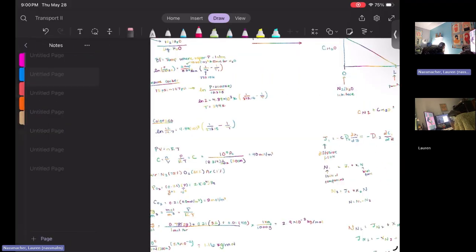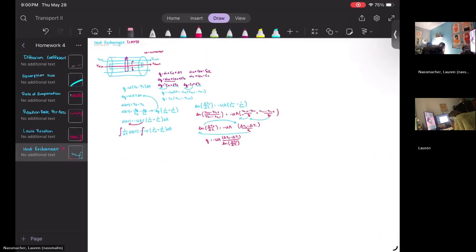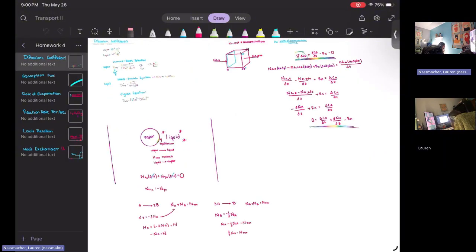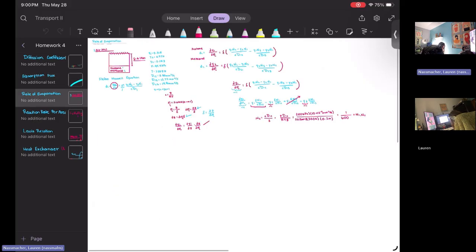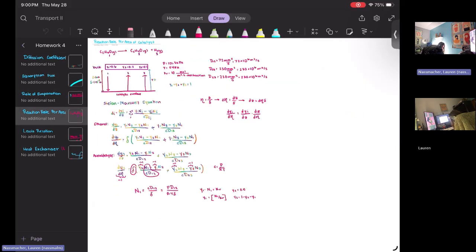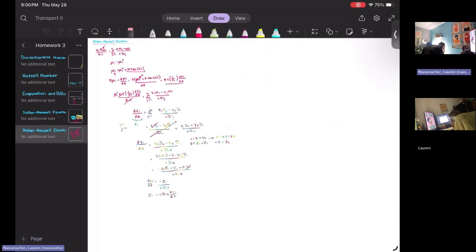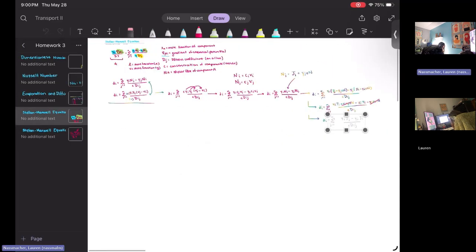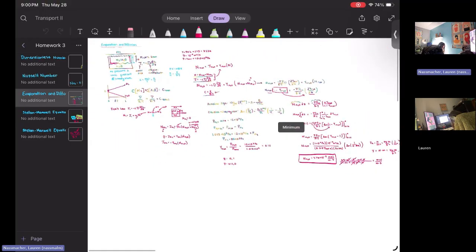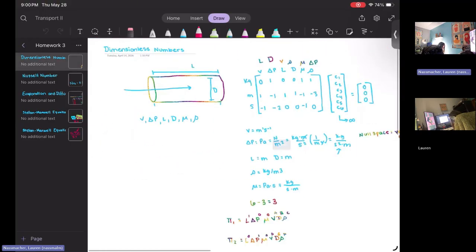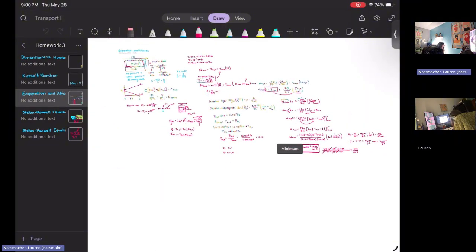Wait, let's see. This is something unrelated. Let's see how much work we do for other stuff. This is for like fourth. So this rate of evaporation, rate of reaction. I feel like we did more. I go to homework 3. See who has the most work while we're out and about. Nothing of this looks like that much work. Oh, that looks like a lot of work.